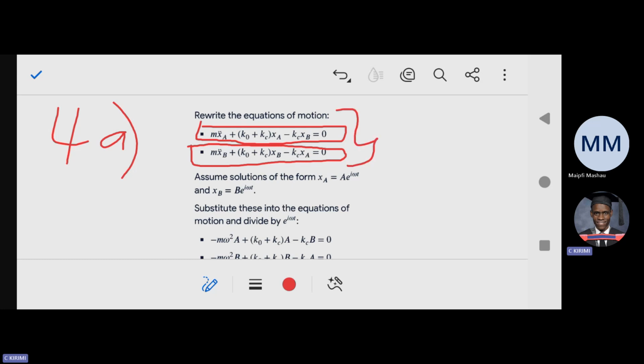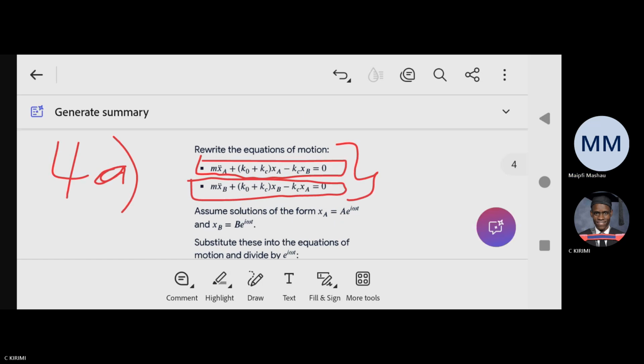You clearly indicate that these are the equations of motion of A. It only has the first particle, which means XA, mass times acceleration A. And then the equation of motion of B is the second one. So the solution for A is out.